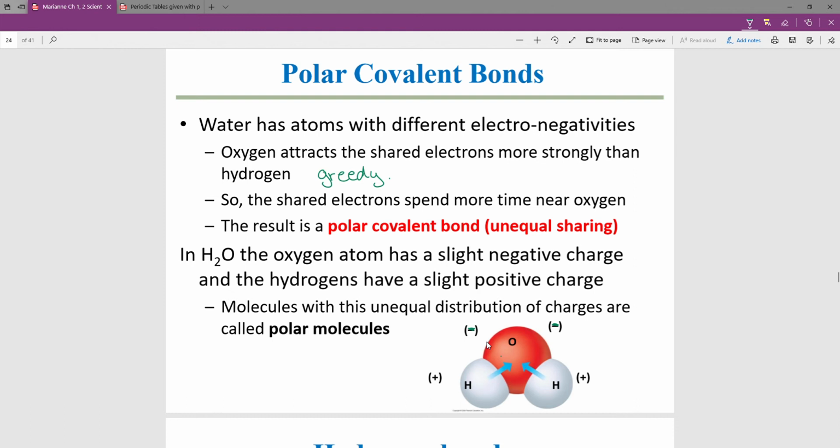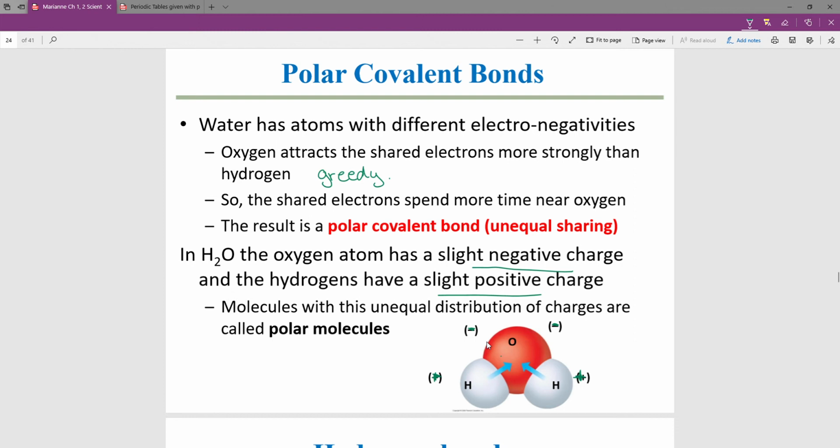Hydrogen, in contrast, is short its electron more often than not because of greedy old oxygen. And so it ends up with a relatively positive charge. And so because these are unequal sharings, this results in a molecule with charged regions, or poles, if you will. So in water, oxygen is a slightly negative area, and hydrogens have a slightly positive charge to them. So this unequal distribution results in polar molecules.